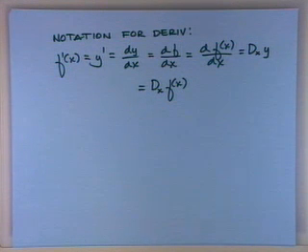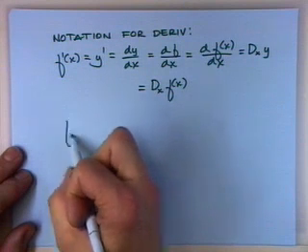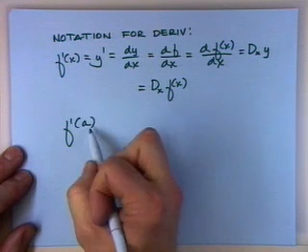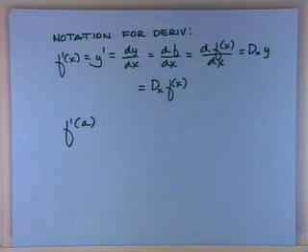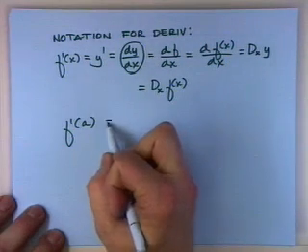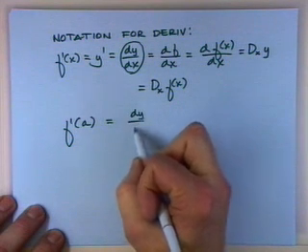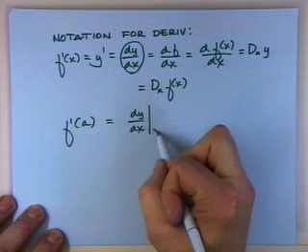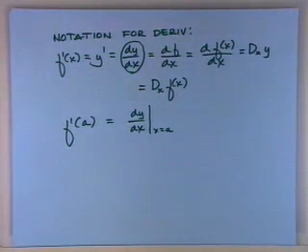So if you see any question that has any of these in it, they're asking you for the derivative. Now we've also used this to mean that that's the derivative at a certain x value. If you happen to use this notation, it takes on a little different look. You have to write it. It's a little more cumbersome.